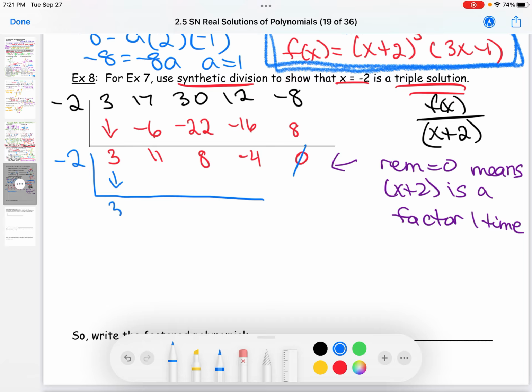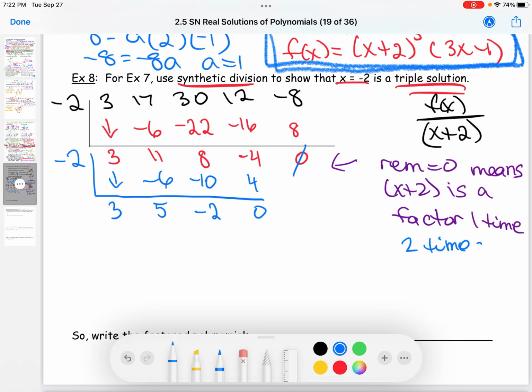We're going to do the same thing. Divide out a -2. We're going to bring down this 3. Multiply -6. Add 5. Multiply, get -10. Add, get -2. Multiply, get +4. Add, we get 0. Again, we knew we were going to get another 0 because we knew x plus 2 was a factor again.